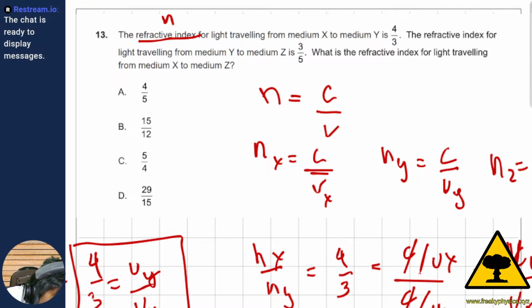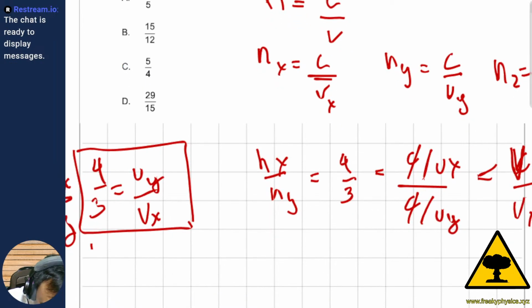Let's put nx over ny here, so what's going to be ny over nz? If we just extend that idea, ny over nz is going to be the same idea. That's going to be 3/5, and that's going to be vz over vy, right?